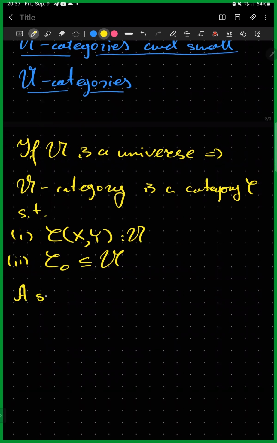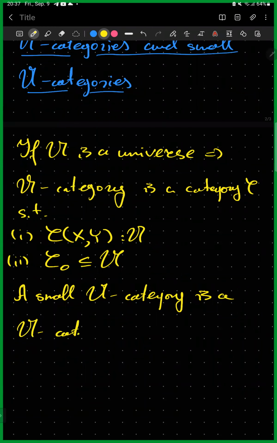A small U category is a U category such that its set of objects is not only a subset of U, but also an element of U. So each small U category is trivially a U category, but the converse is of course not true.